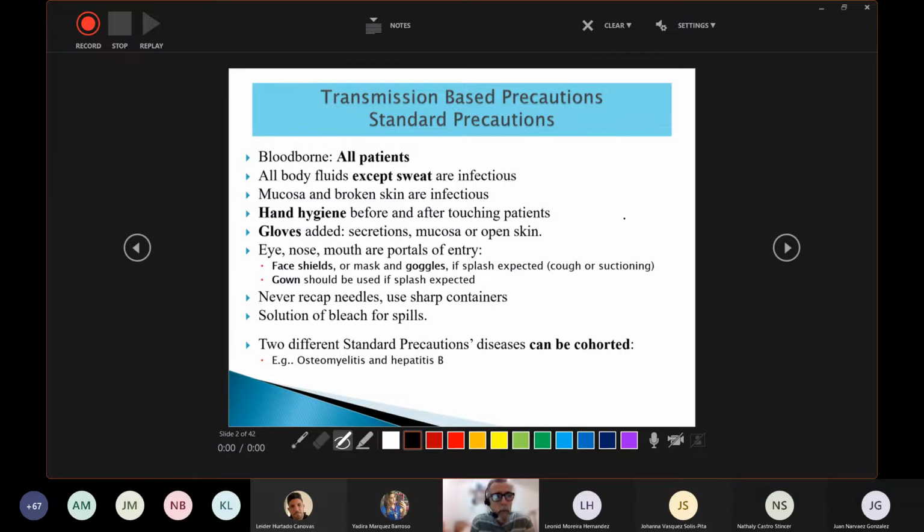If you wear gloves, the question is answered wrongly, and you lose the question. So you only put on gloves when you are going to touch mucosa, body fluids, or open skin. In the majority of the cases, the gloves that you are going to be using are clean gloves.